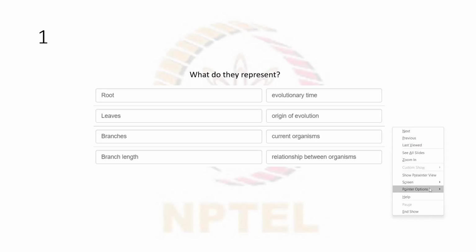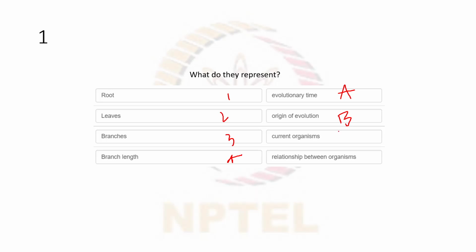Consider this as 1, 2, 3, 4, and there are A, B, C, and D. These are the different terminologies that we discussed just before from a phylogenetic tree.